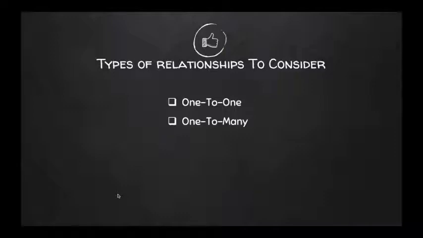Well, a product could have many images, or a vendor could sell multiple products, or many-to-many. In my case, I have a product that has multiple vendors, and I have vendors that sell multiple products that I have. So I have a many-to-many relationship there.